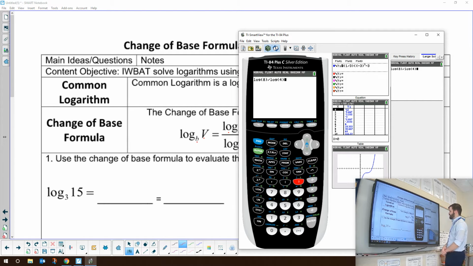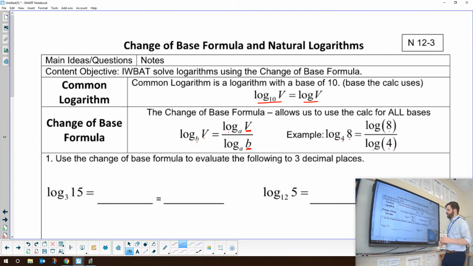Don't forget to close your parentheses. Log of 8 divided by log of 4, there's our fraction. We hit enter, and we get our answer of 1.5.